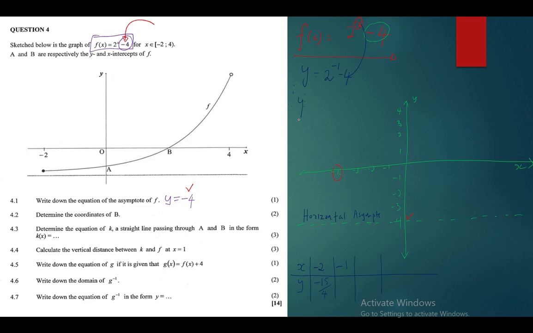So you're going to have y equals 1 over 2 minus 4. Just press your calculator, guys. No, I need to be careful. 4 is 8 over 2. It's minus 7 over 2.